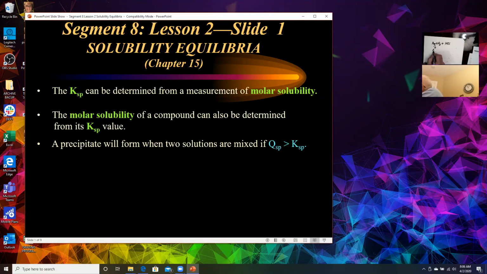I would get Ag plus and NO3 minus, and the strong acid does separate to H plus and Cl minus. Now, HNO3 is a strong acid, so these ions are going to remain separate.